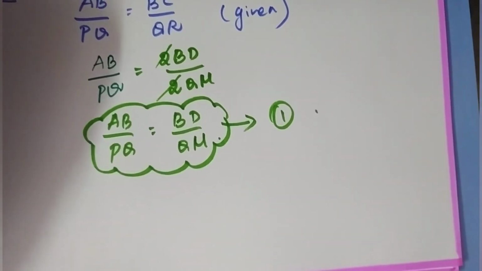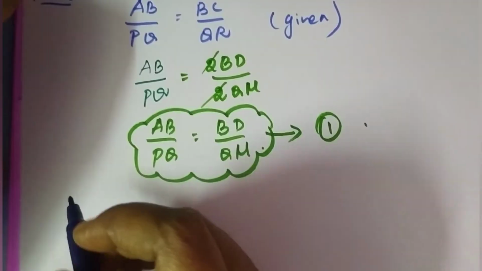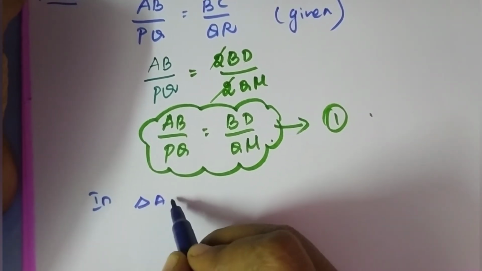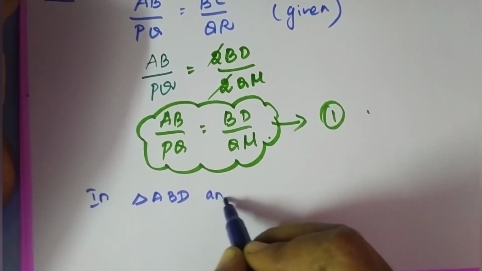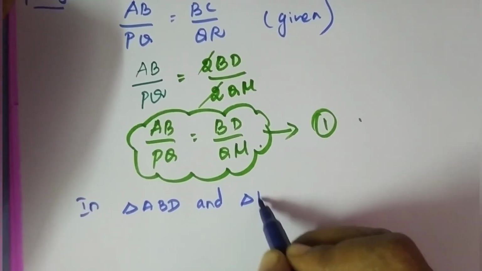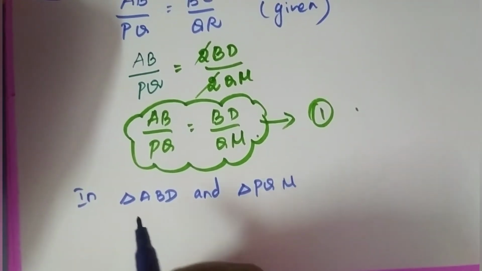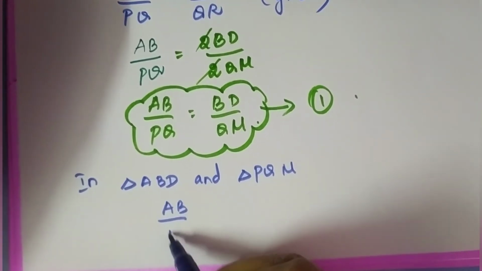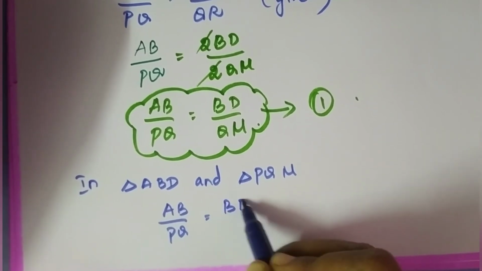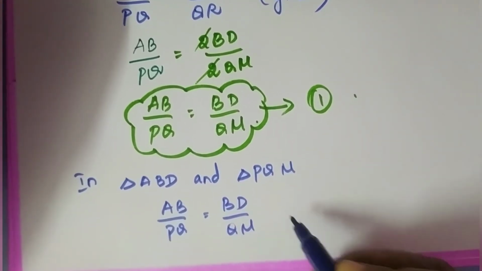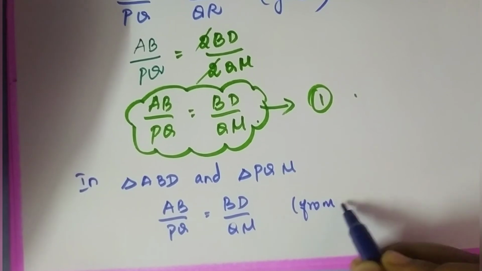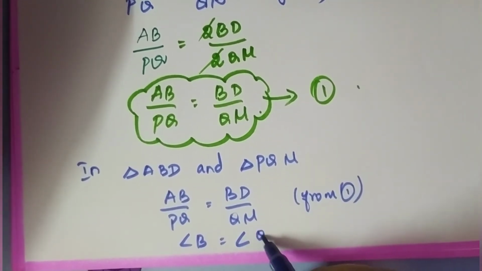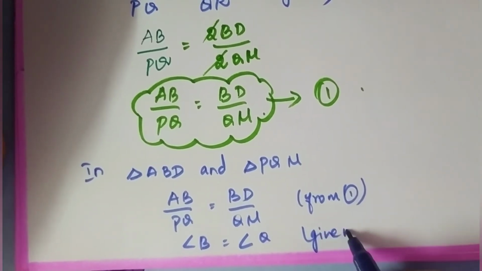Now I'm going to take a triangle. Which two triangles do we have to prove similar? In triangle ABD and triangle PQM, we just proved that AB divided by PQ equals BD divided by QM from 1, and angle B is equal to angle Q by given.